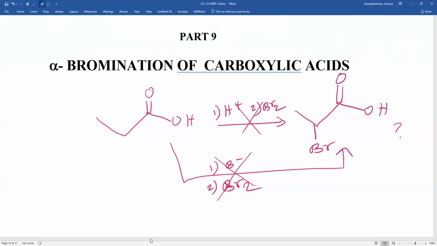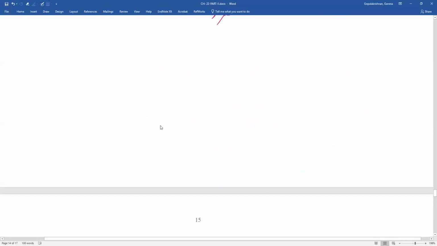Because if we have an alpha bromo carboxylic acid, we can convert it easily into an NH2 group. Then that is an alpha amino acid. Alpha amino acids are the building blocks of proteins. So we have to get some amino acids, so we have to brominate it.